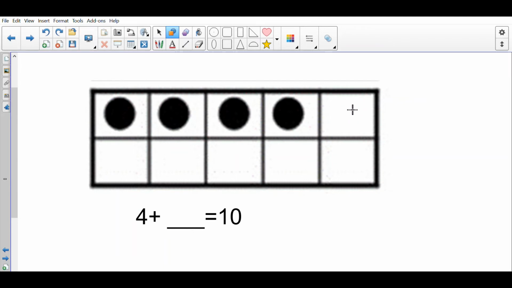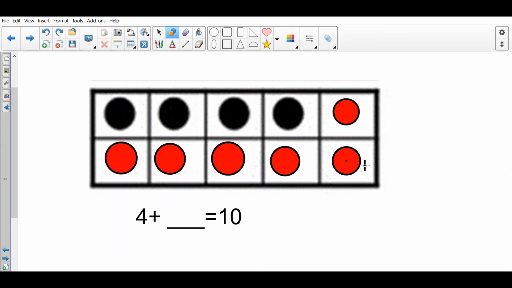Let's count to see. Ready? 1, 2, 3, 4, 5, 6. So what was our answer? 6. Our whole number sentence is 4 plus 6 equals 10.